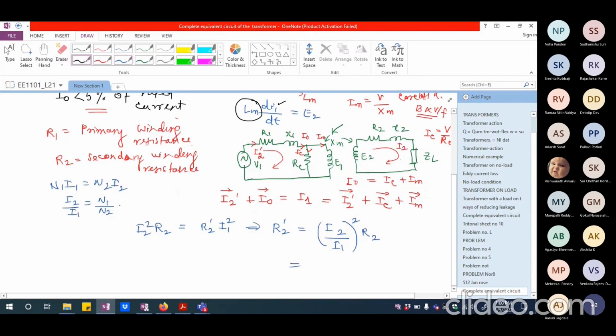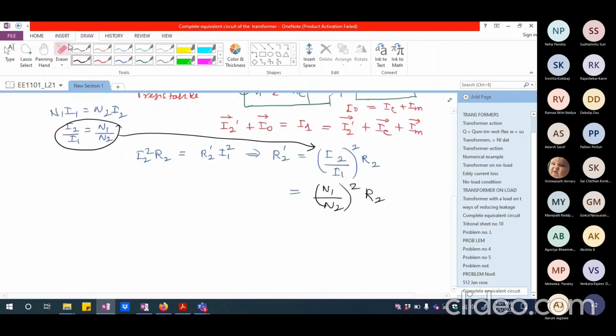So I can just substitute that here. So I can simply say this is N1 divided by N2 the whole square multiplied by R2. So I should be able to migrate the secondary quantities to the primary side or the primary quantities to the secondary side as and when I require to do so.